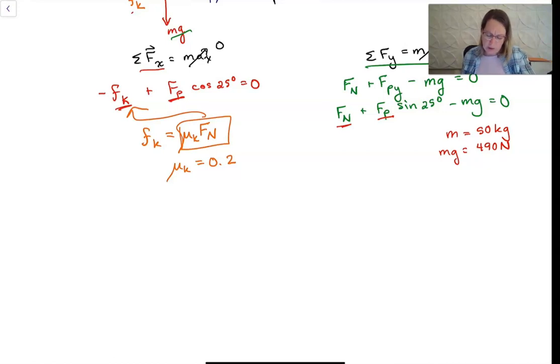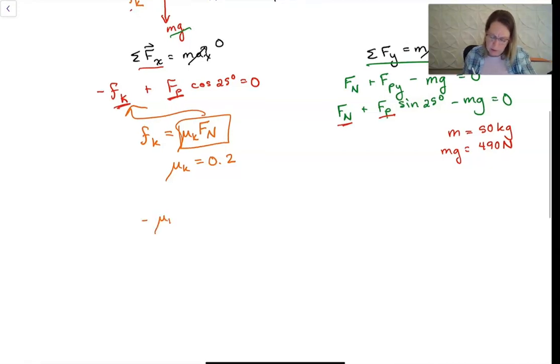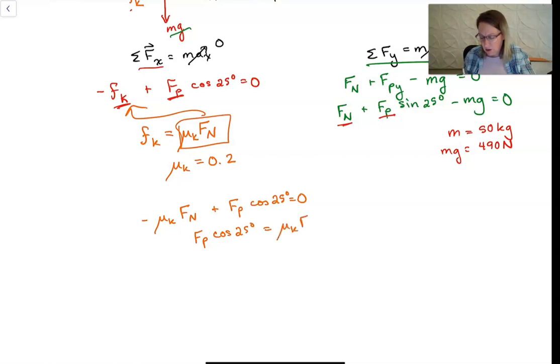So I'll have minus mu sub k force normal plus Fp cosine 25 degrees equals 0. I'm going to take this and solve for the normal force. So I've got Fp cosine 25 degrees equal to, bringing this to the other side, mu sub k force normal. Dividing both sides by this gives me that my force normal is equal to the pull force times cosine of 25 degrees over mu sub k.